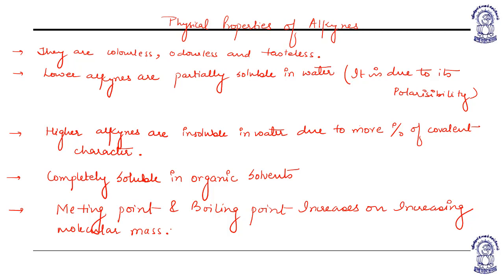On increasing the number of carbons in the carbon chain, we increase the molecular mass of the whole compound, and that is why the melting point and the boiling point increase.